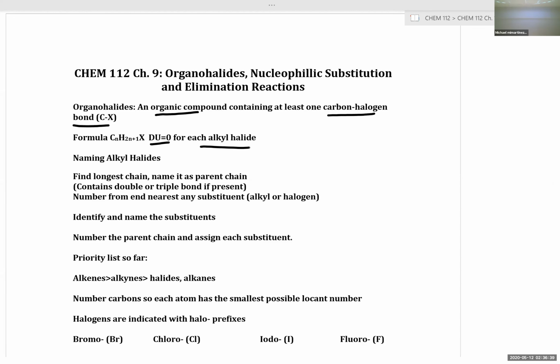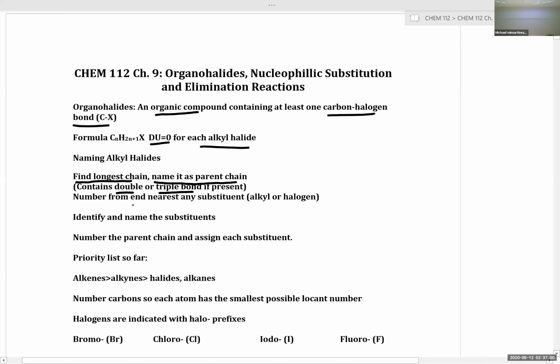Now, just like any functionality, let's talk about how we name alkyl halides. First and foremost, you're going to find the longest chain, and then you're going to name it as the parent chain. Okay? You want to make sure that your longest parent chain contains the double or triple bond if it is present.